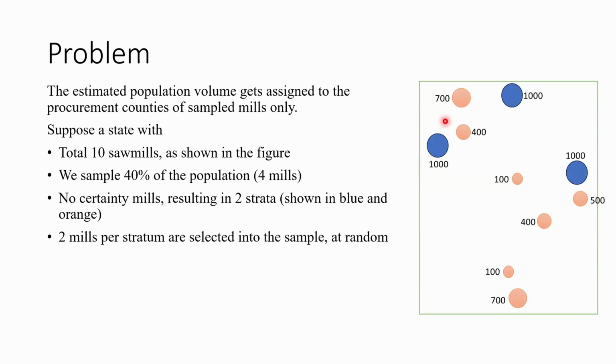Suppose a state with 10 sawmills, as shown in the figure with a measure of size in 1,000 cubic feet. We sample 40% of the population. Mills were stratified into blue and orange strata, and 2 mills per stratum are selected into the sample.